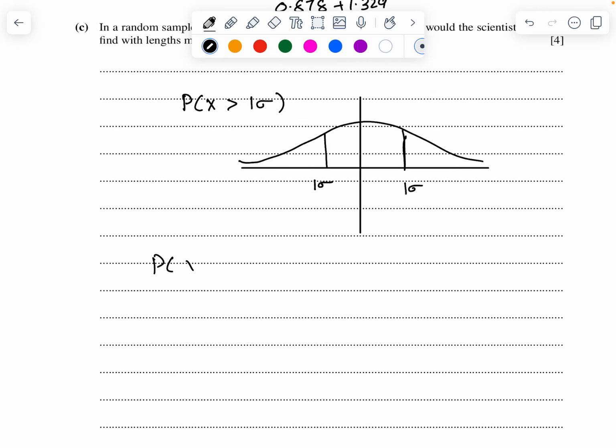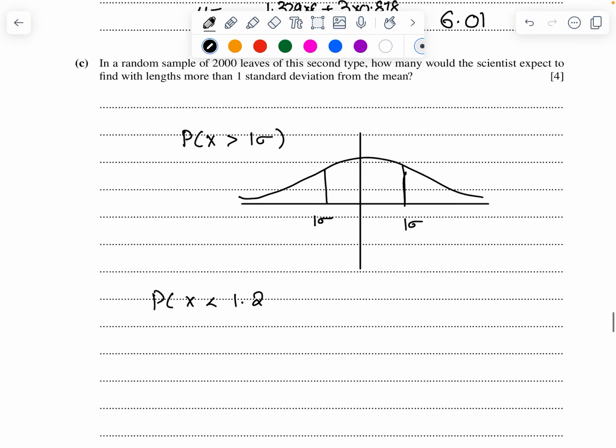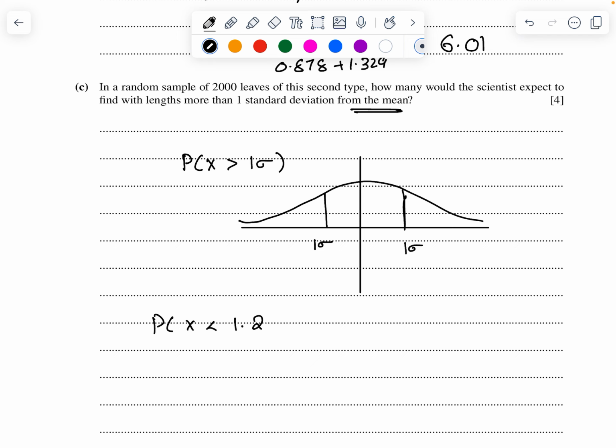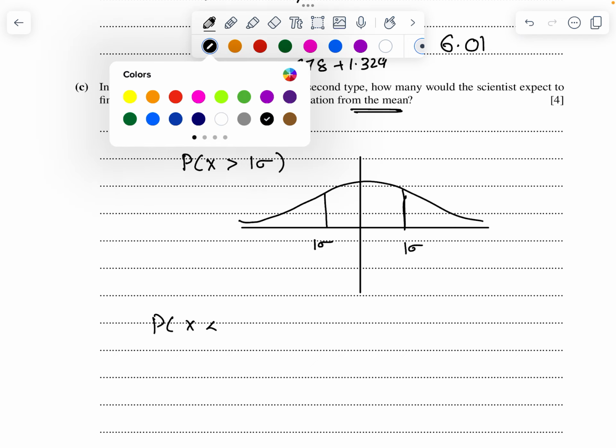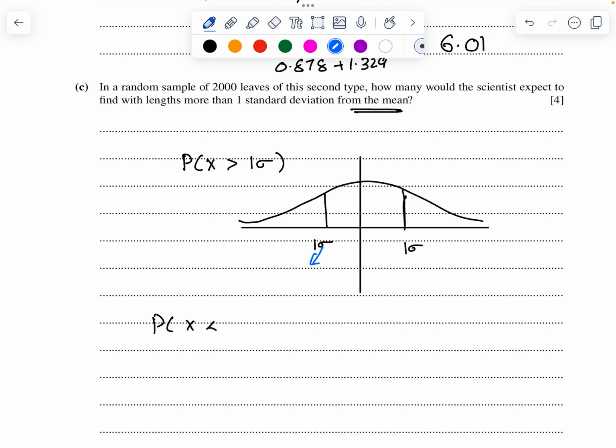Probability of x less than one standard deviation. One standard deviation is one standard deviation from the mean. So less than, this value will be 6.01 minus 1 times 2.27. This value is going to be 6.01 plus 1 times 2.27.